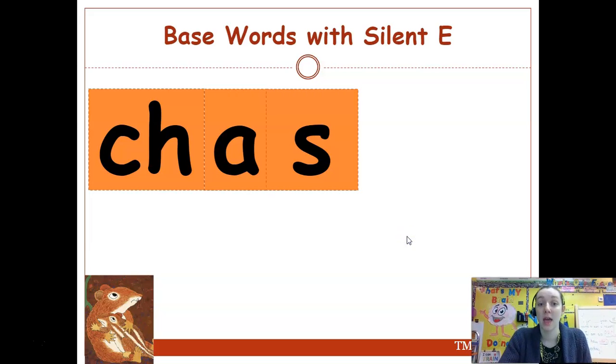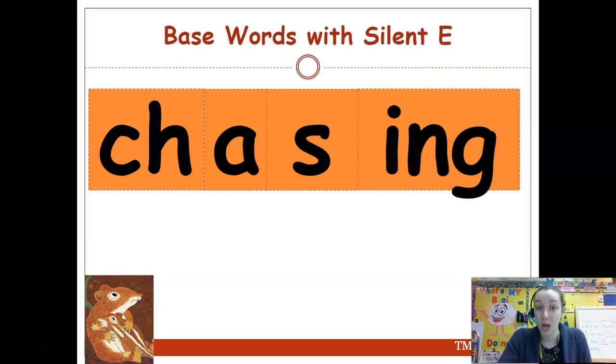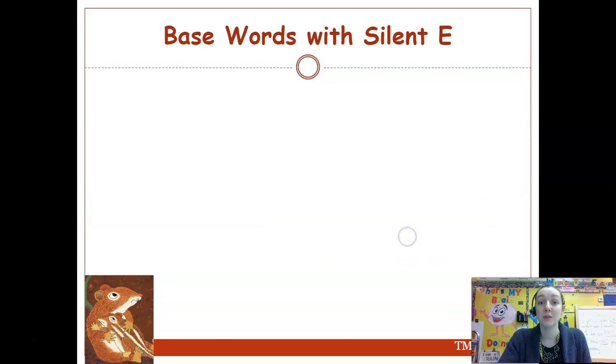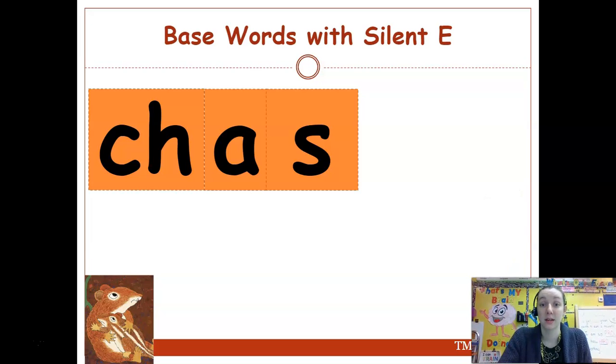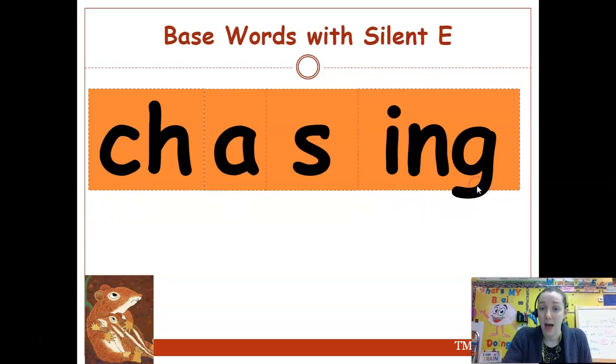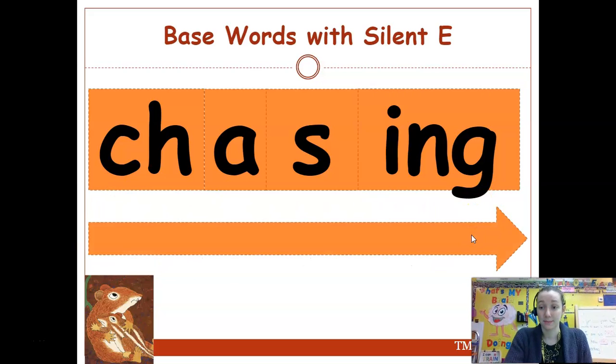Ch, a, s, ing, chasing. Now this one did have that E on the end that we had to drop, right? Because chase has an E, otherwise without an E it would be a short A, but it's not. Chase, drop that E, add ing, chasing.